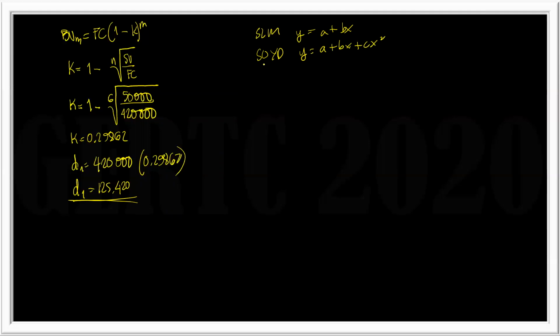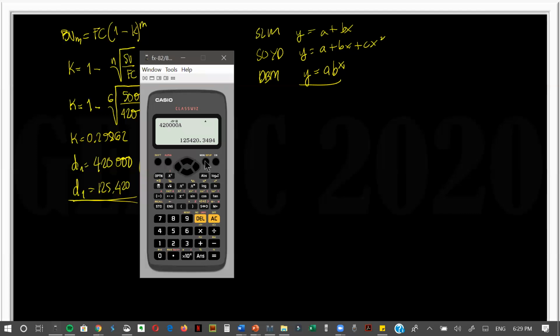And for the declining balance method, that is y equals a times b raised to x. So we use this to check if indeed we can get that 125,420. Let's look for the menu, then stat, which is 2, then look for y equals ab raised to x.